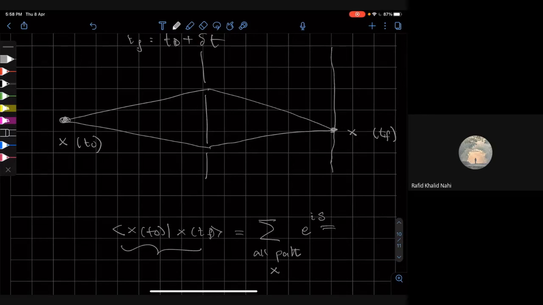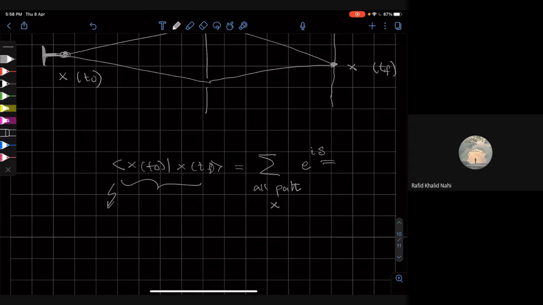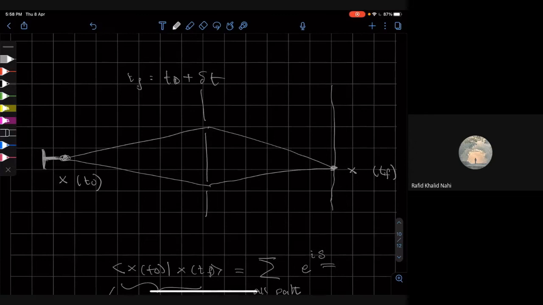Now, if these are electrons, you can let the electron intensity be very, very low, such that at any point, there's only one electron in the experiment. To look at the probability, which is the square of this amplitude, you have to send a lot of electrons through, right?